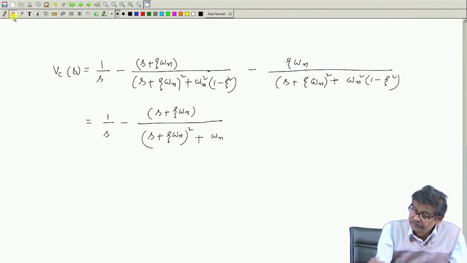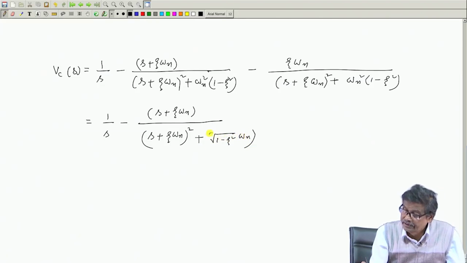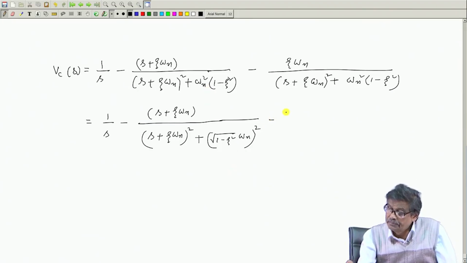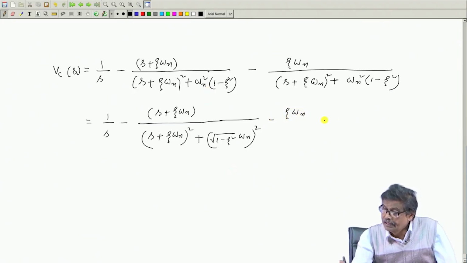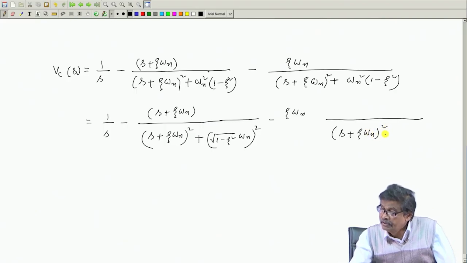I will write it in this way, root over 1 minus zeta square omega n whole square. This way I will write this term, and then this one is minus zeta omega n, and here it is also like that, s plus zeta omega n whole square plus root over 1 minus zeta square omega n whole square.